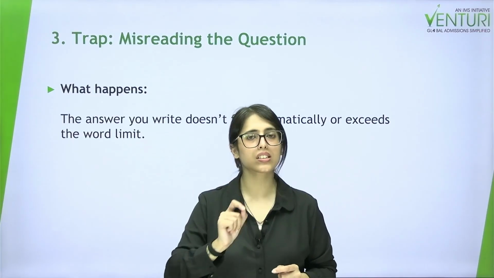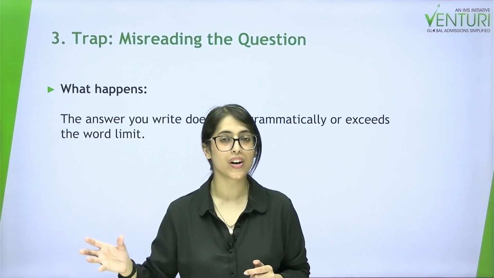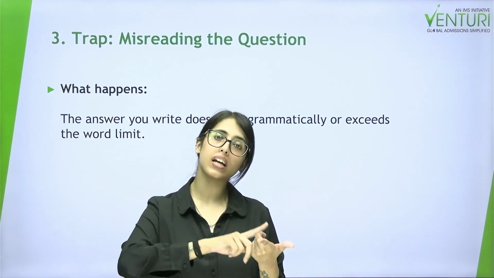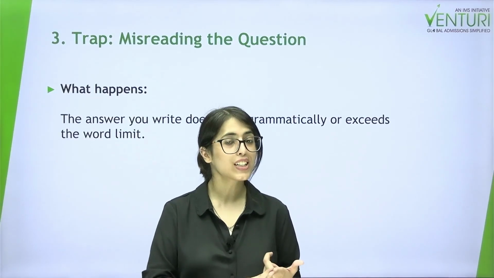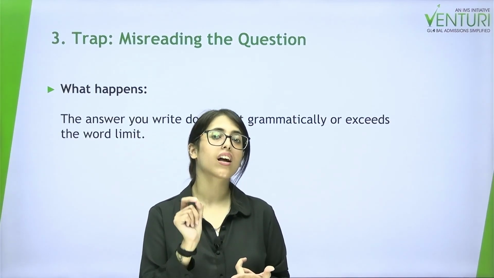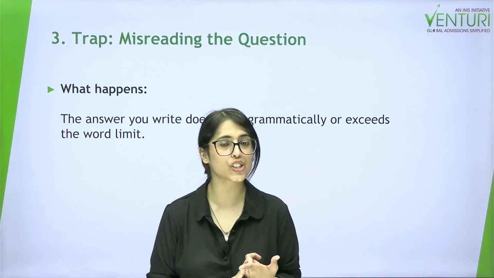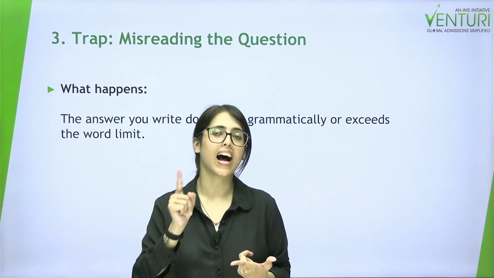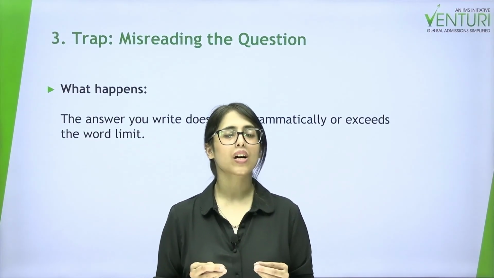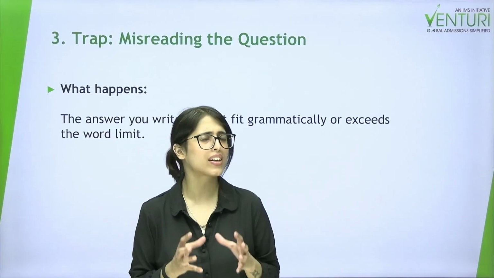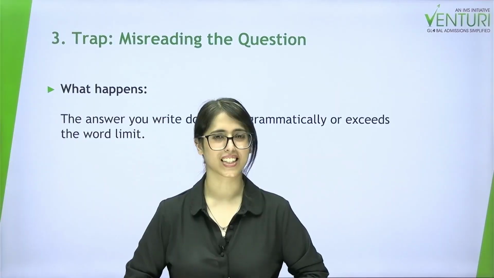If this is the word limit that has been given to you, no more than 2 words and or a number, then your answer could be 1 word. Your answer could also be 2 words and your answer could also be a single number. But also your answer can be a combination of a single number and 1 word or a single number and 2 words. So this is something that you need to take care of whenever you are writing down the answers for your questions in the listening test.